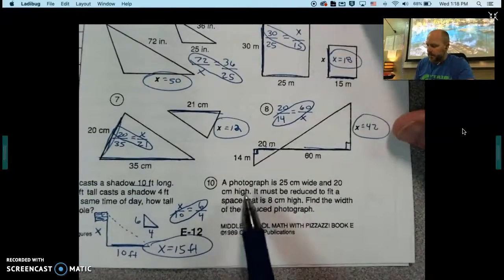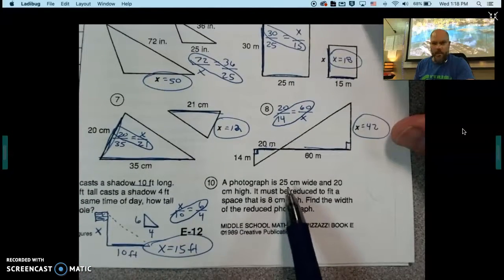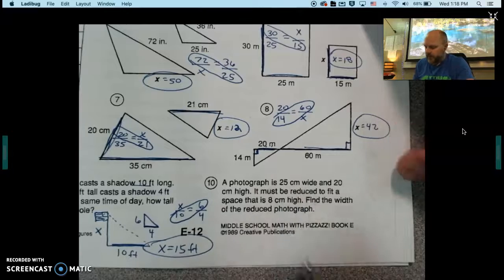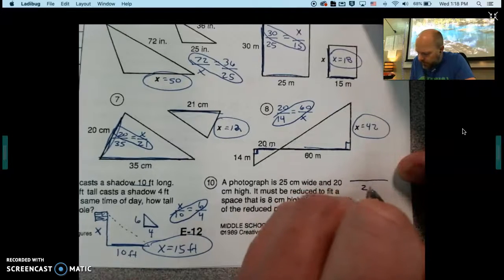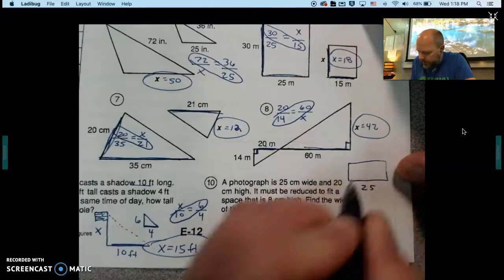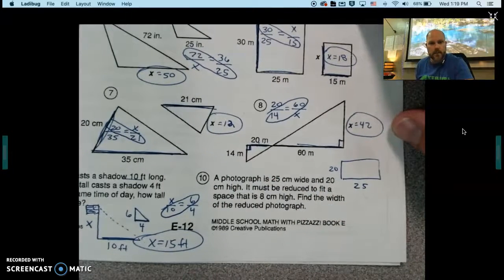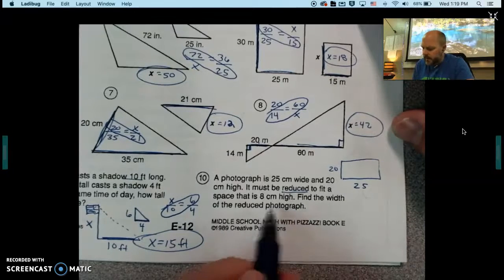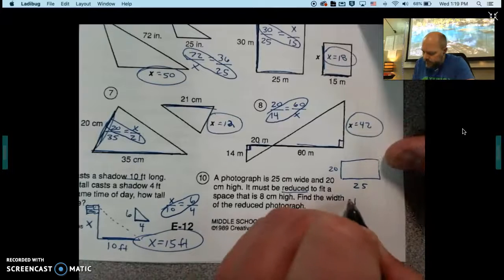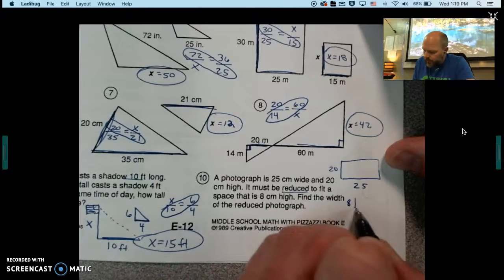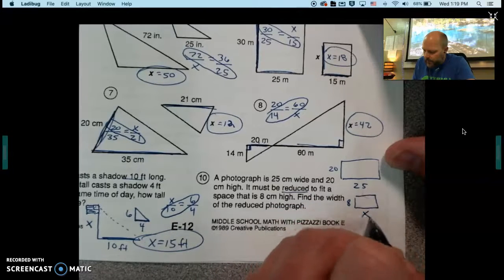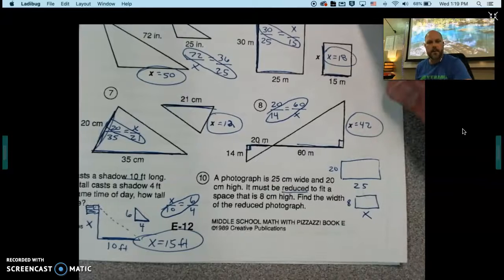Okay, number 10. A photograph, so we're talking about a rectangle, is 25 centimeters wide and 20 centimeters high. Now then we reduce it, or make it smaller, to fit a space that is 8 centimeters high, and we do not know the width. So I'm going to put an x. Okay?